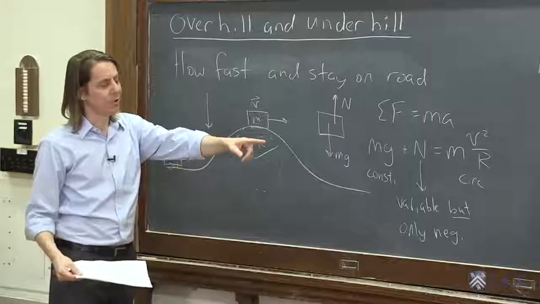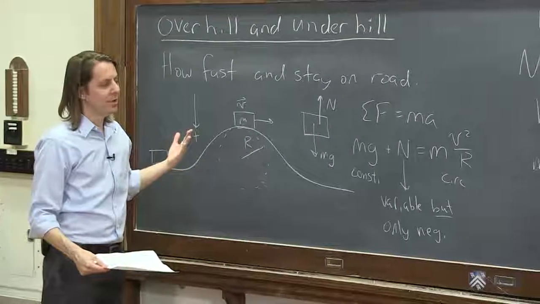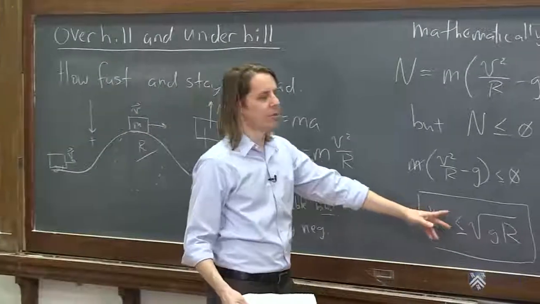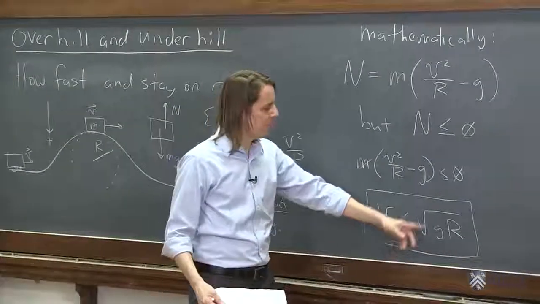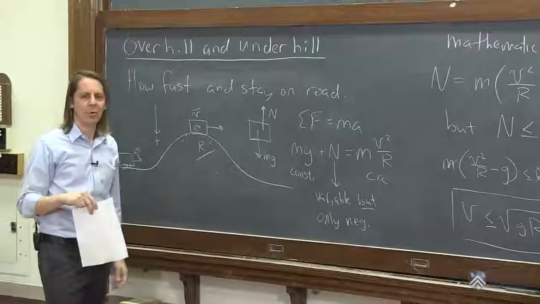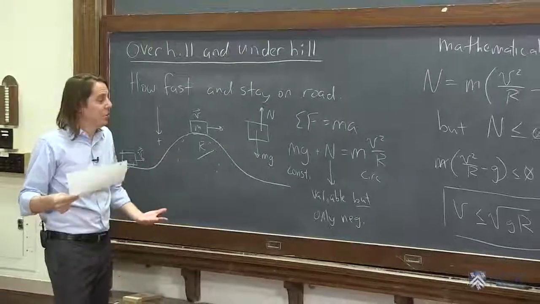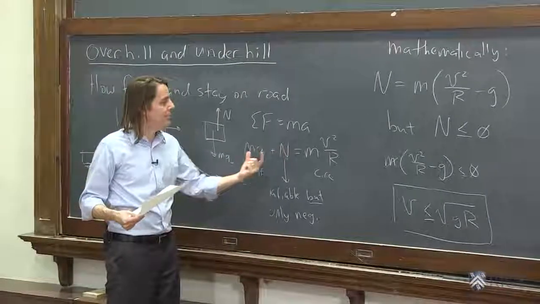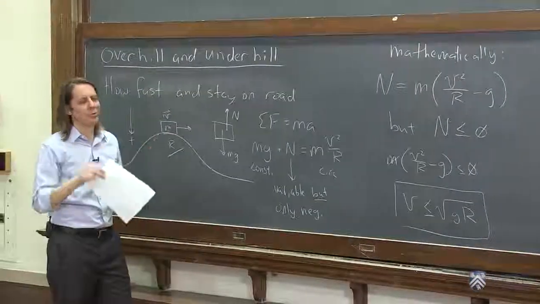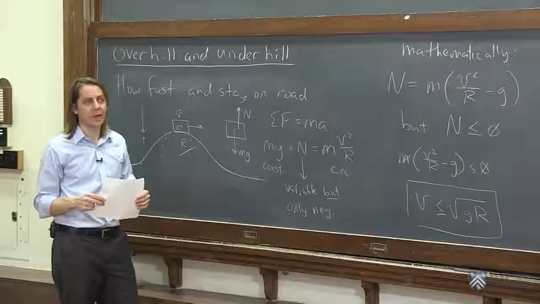You go too fast, greater than the square root of gr, then you'll fly off the hill. And you'll notice that it's the same answer as Overhill. Overhill and Underhill, they're both the square root of g times r because they're both this critical point where the normal force equals 0. They're basically both where you're simply equating mg equal to mv squared over r. But you have to think about the nature of the normal force to really see it physically and mathematically.